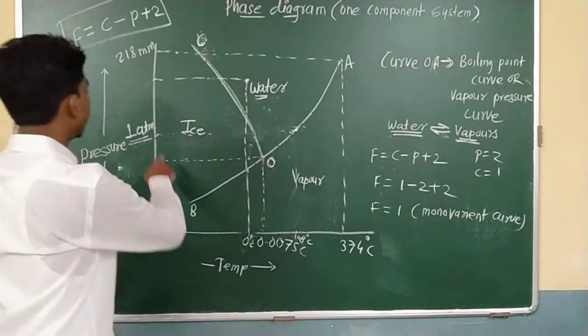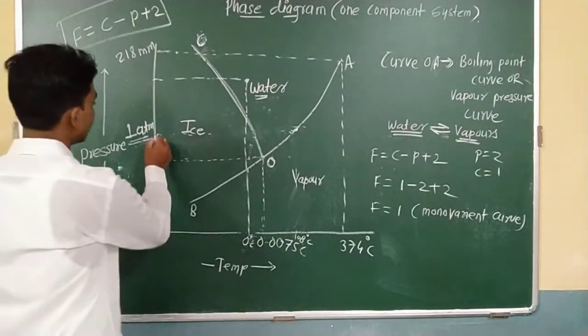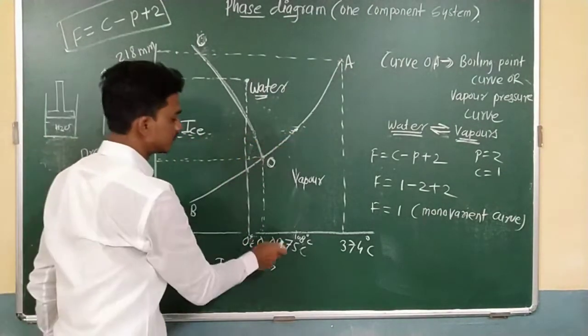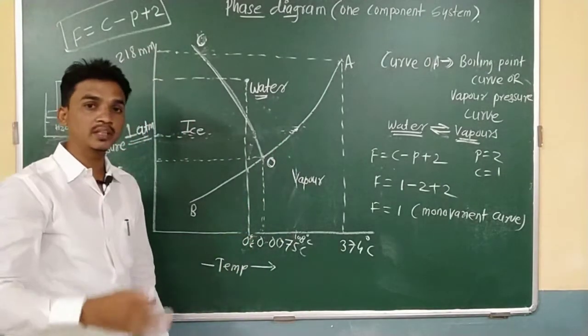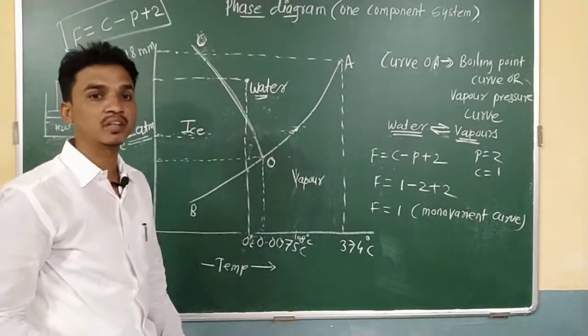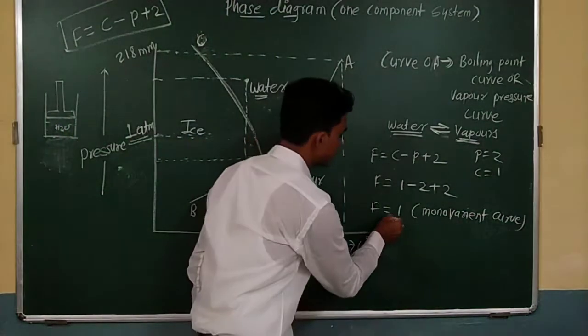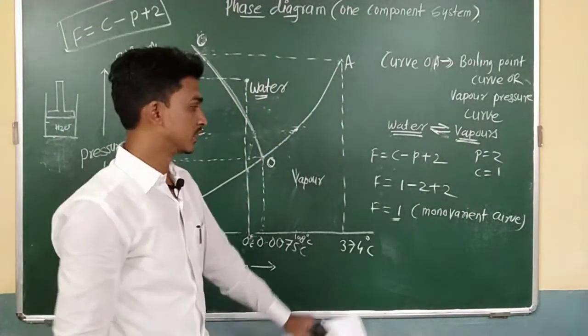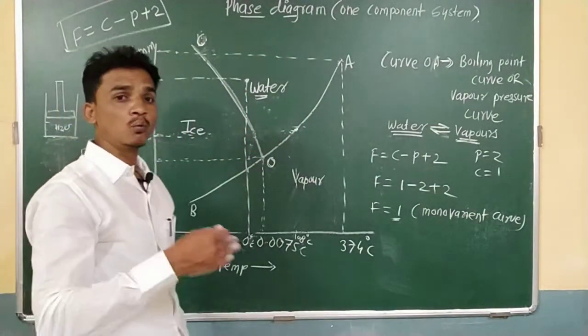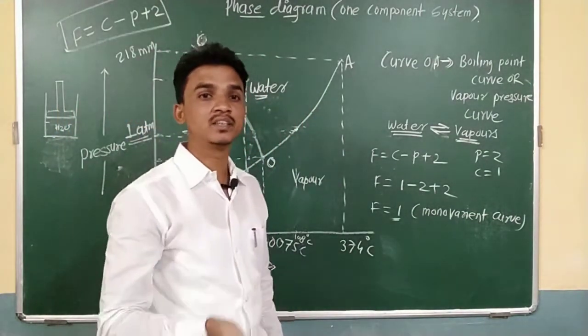What will happen here? We are taking a constant pressure and only increasing the temperature, not the pressure. That's why the number of degrees of freedom is 1, which means the monovariant curve. Only one variable we are increasing or decreasing.